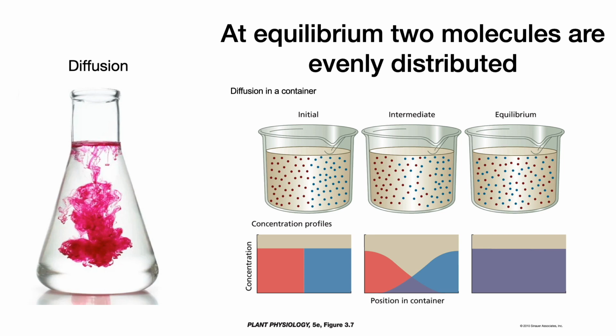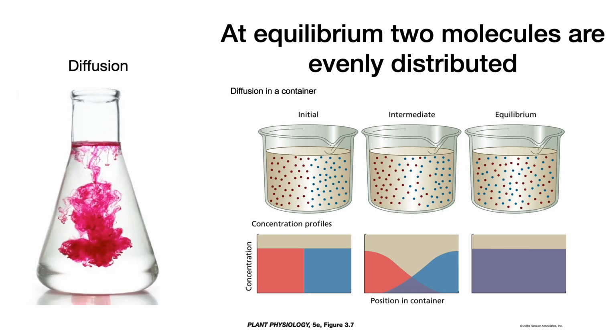And we call that diffusion. And the rate of diffusion is dependent upon that concentration gradient. That is, if there are concentrations that are very highly different, then there will be a rapid rate of diffusion. If they're very similar to each other, then that rate of diffusion will occur more slowly.